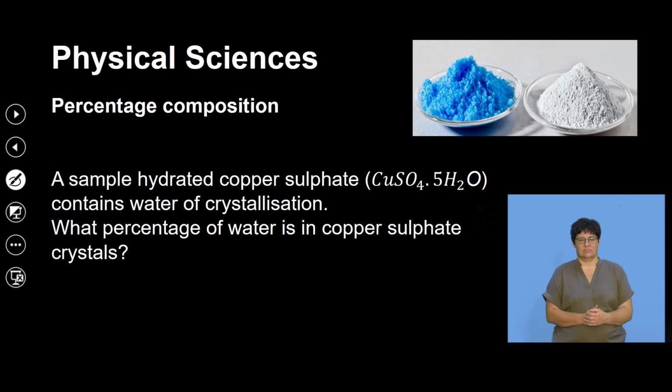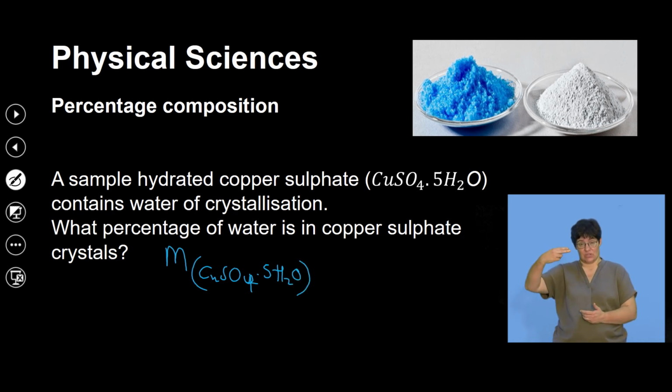So the molar mass of hydrated copper sulfate, CuSO4.5H2O, if you go to your periodic table, you'll get 249.69 grams per mole.